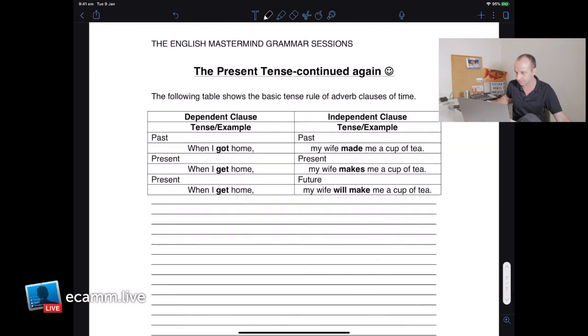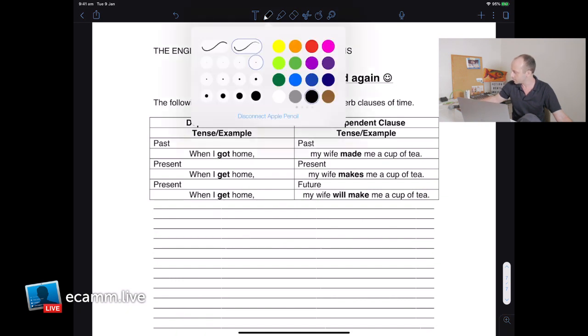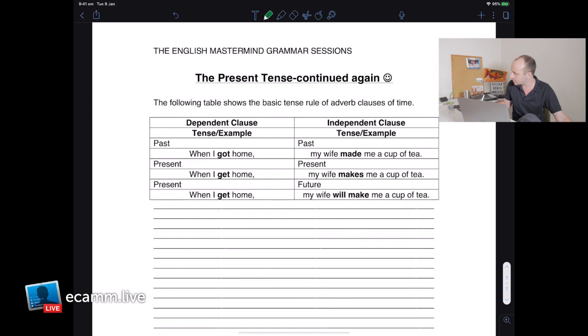Let's move that down ever so slightly there. All right. If you are talking about the past, in the dependent clause, remember, we've got dependent clauses and independent clauses. The independent clause can be used by itself.